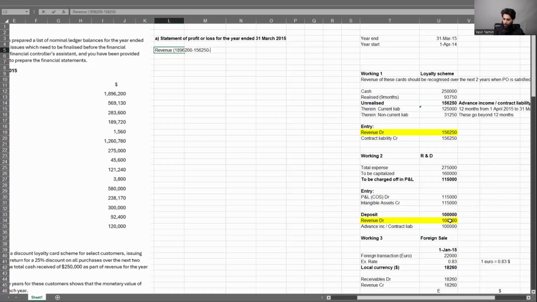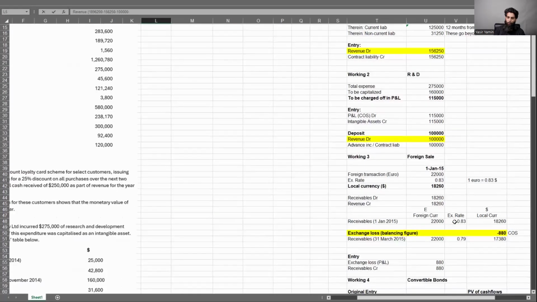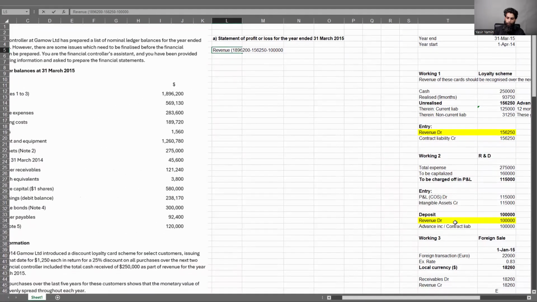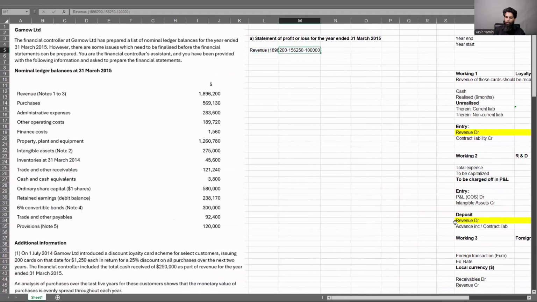Then from the next working, we had to reverse advance deposit from Mendel. And that was it, right? This is the revenue that we need to reverse. It should be 163,950. Is it clear to everyone?